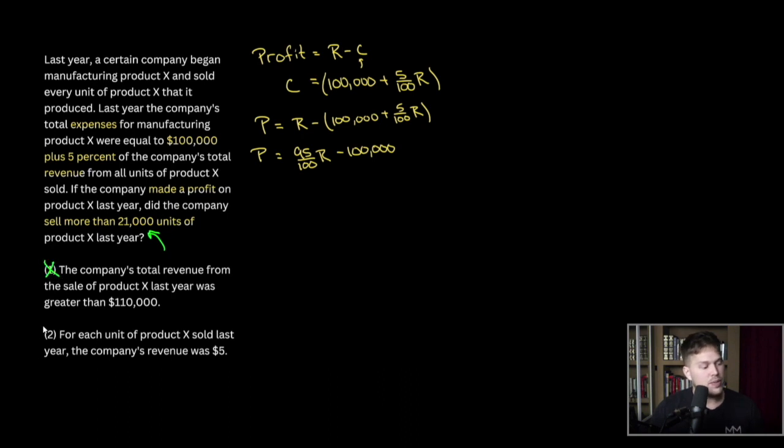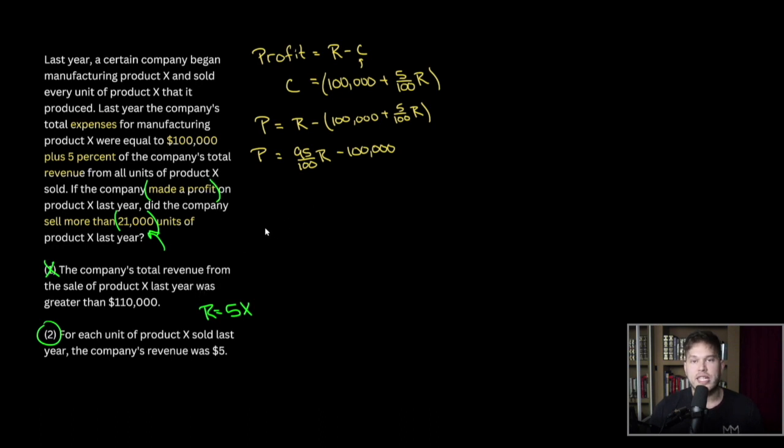What about statement 2? Statement 2 says for each unit of product X sold last year, the company's revenue was $5. This is something we can work with. Here we know that our revenue is going to equal 5 times X, where X is our number of units. So in the question, we're asked if we sold more than 21,000 units. Also in the question, we're told that we did make a profit.